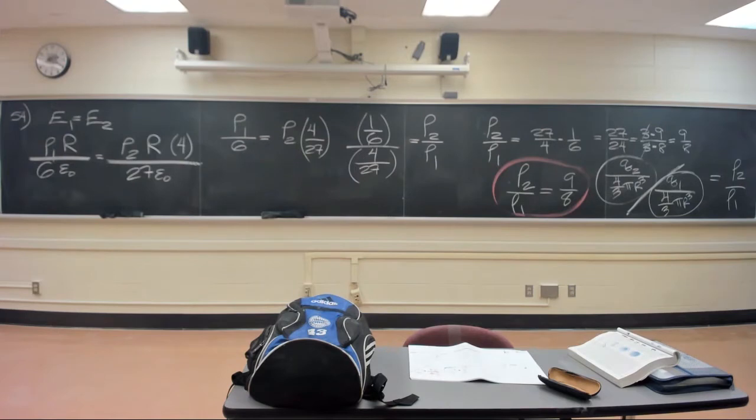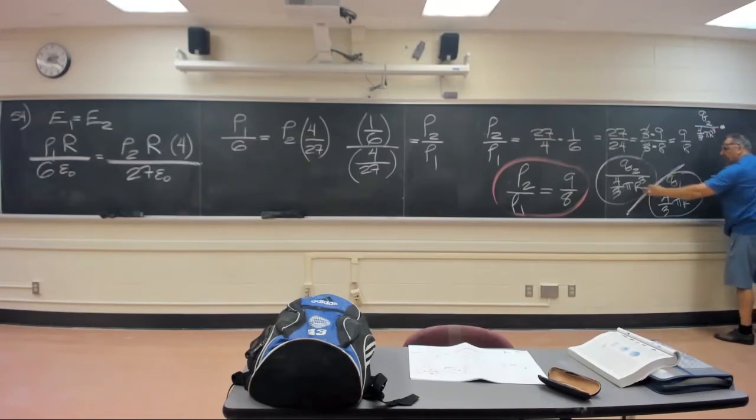Yes, indeed. Certainly true. Wait a minute. This divided by that is Q2 over 4/3 pi r cubed, divided by this. Just leave this alone, flip this.